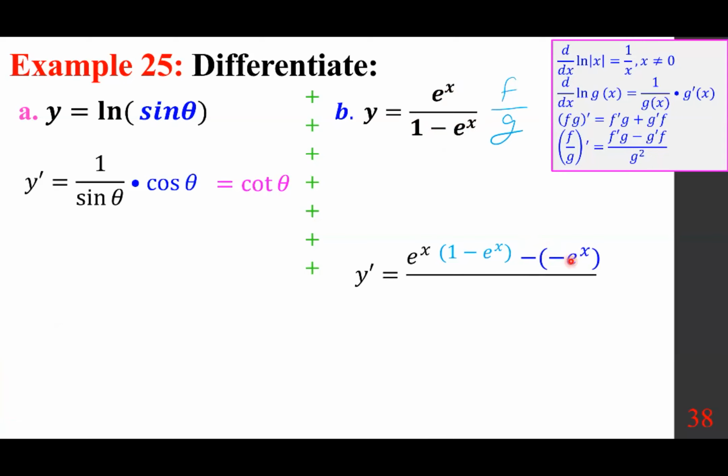This is minus g prime, now times f, times e to the power of x. And then you just write the bottom and square it. It's very straightforward, everybody.